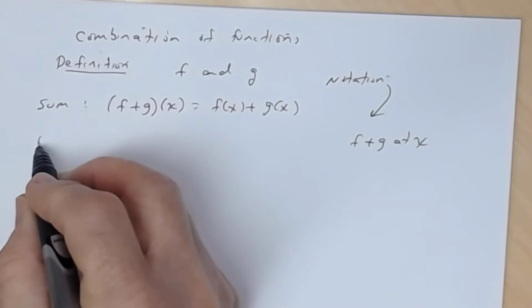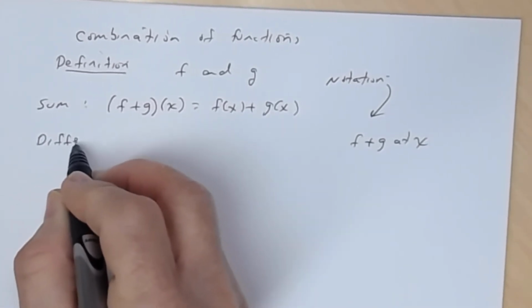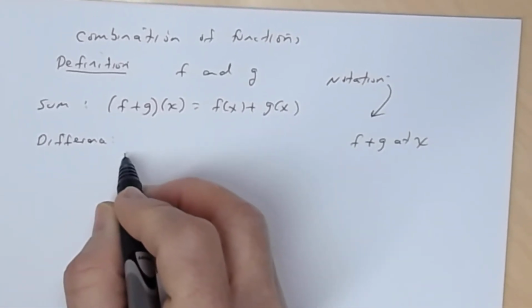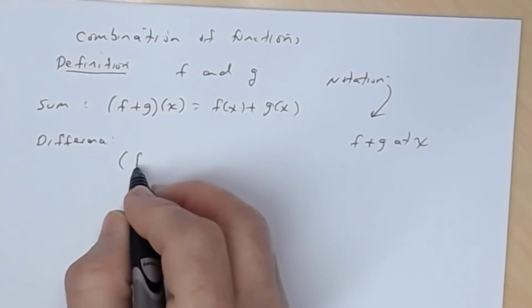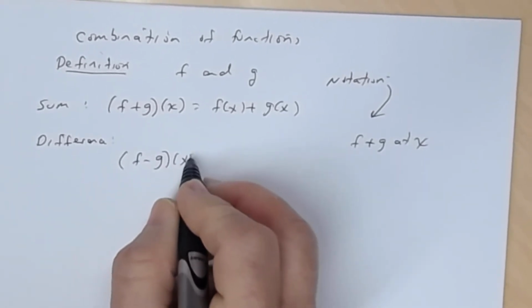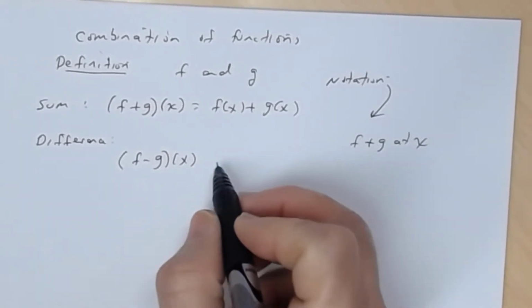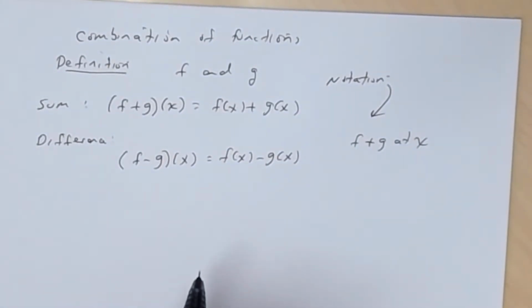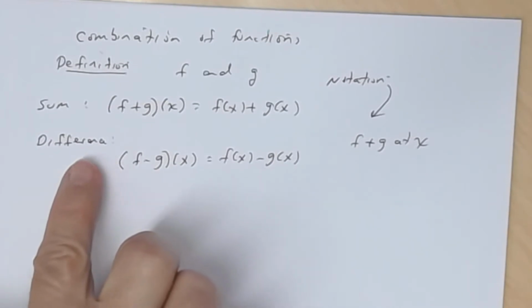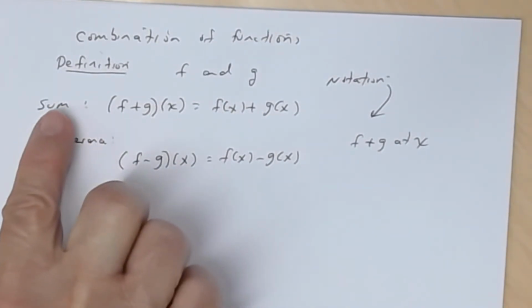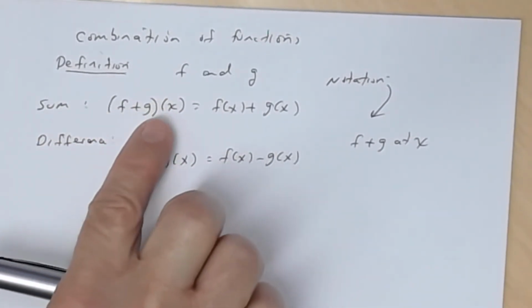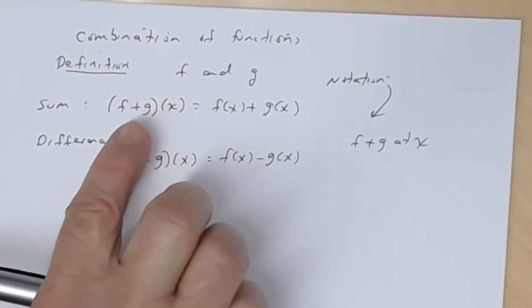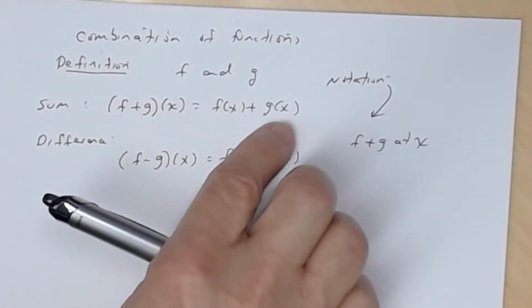The difference, same thing, except instead of add, you'll say subtract. So f minus g at x will be f of x minus g of x. Now the order matters for subtraction. Remember, addition is commutative, so the order does not matter. You could have said g of x plus f of x.